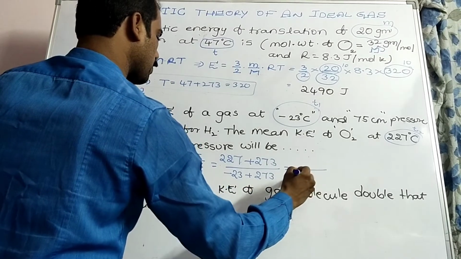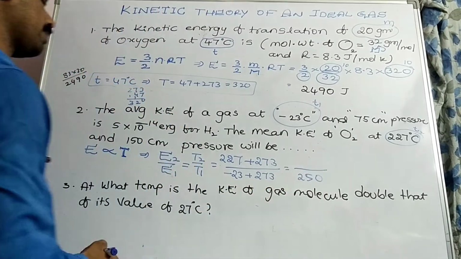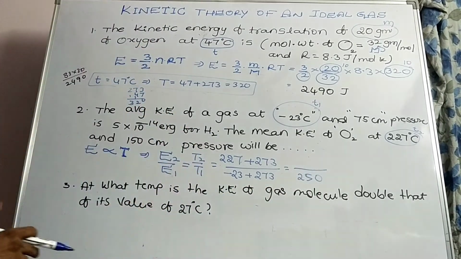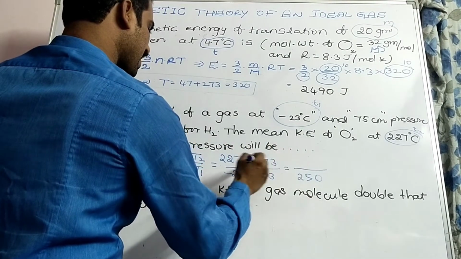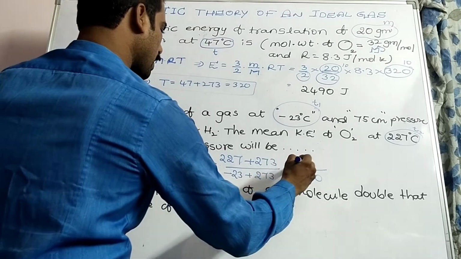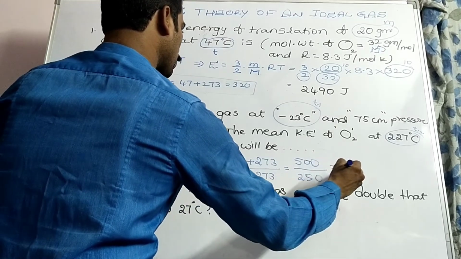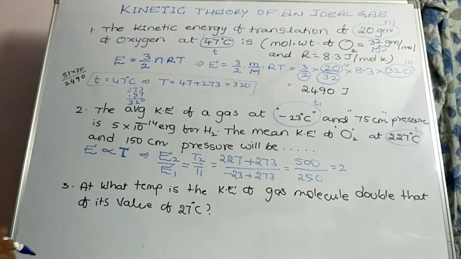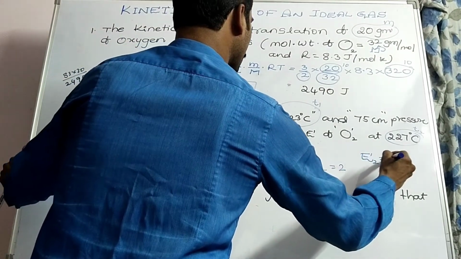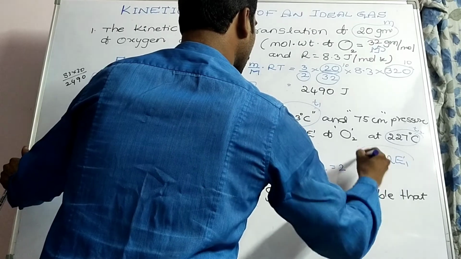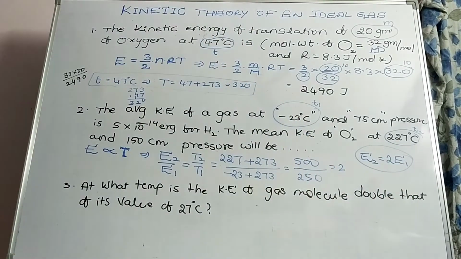That is 500 by 250, which equals 2. So finally E2 is equal to 2E1. Energy becomes doubled.